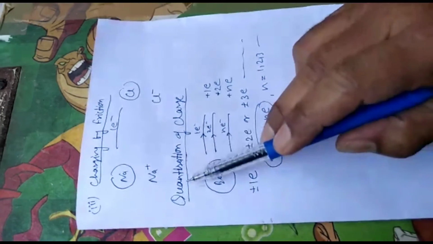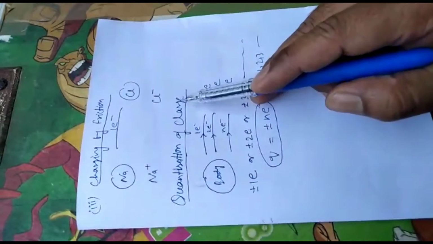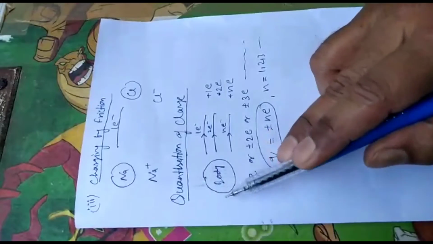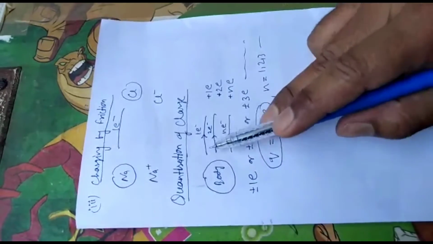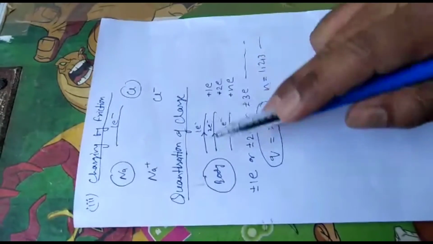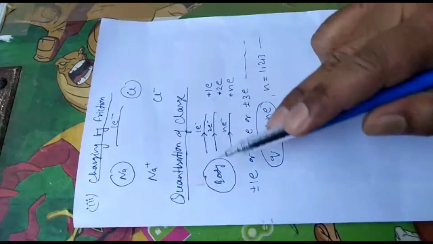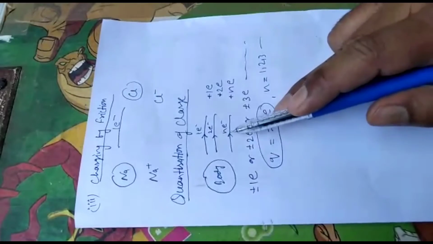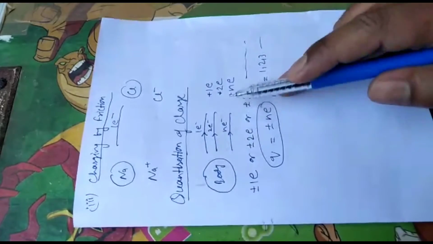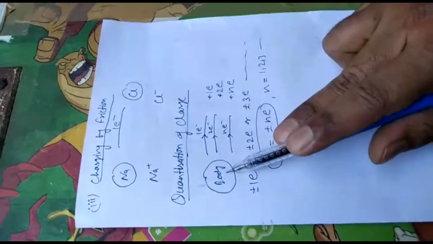Now, next topic is quantization of charge. Here we are seeing the body. If one electron transfers from this body, we get plus 1e charge on this body. If two electrons transfer from this body, we get plus 2e charge. And suppose n electrons are transferring from this body, we get plus ne charge on this body.